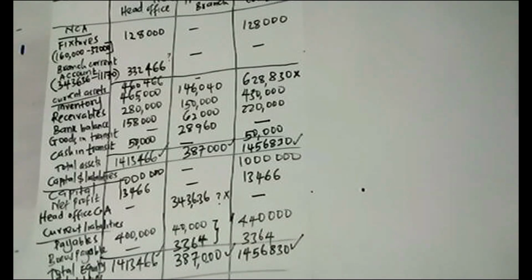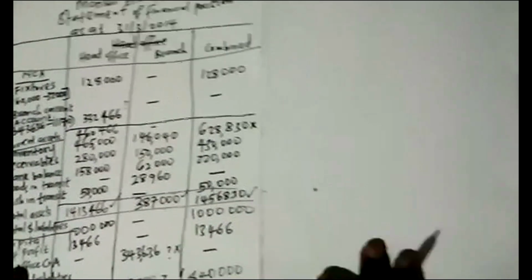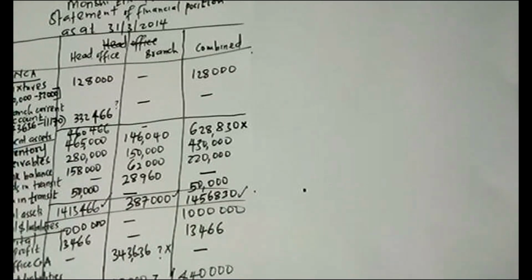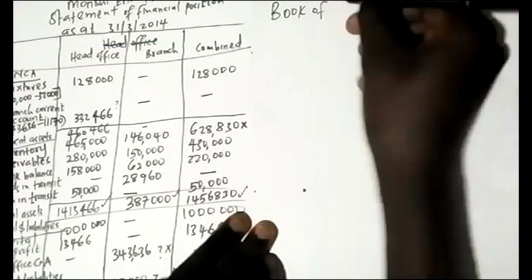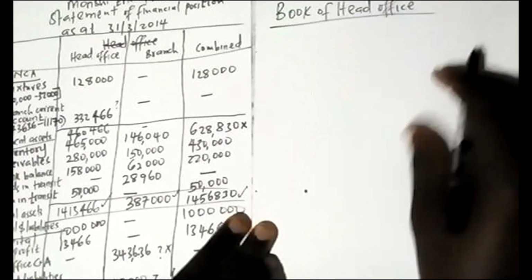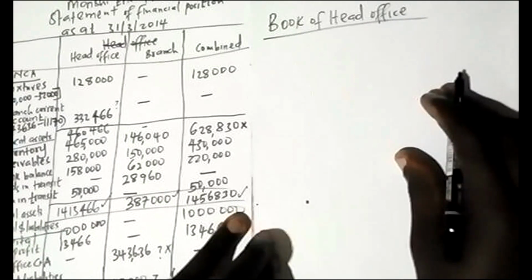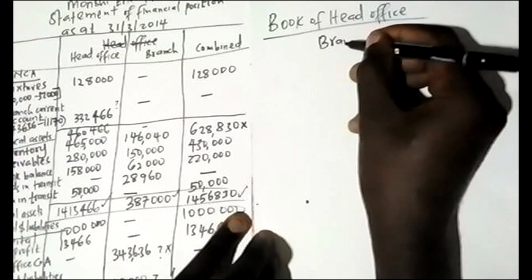Then finally, what if the examiner asks you to do the two current accounts? What if you are asked to do them? Under the books of head office, we prepare the branch current account.